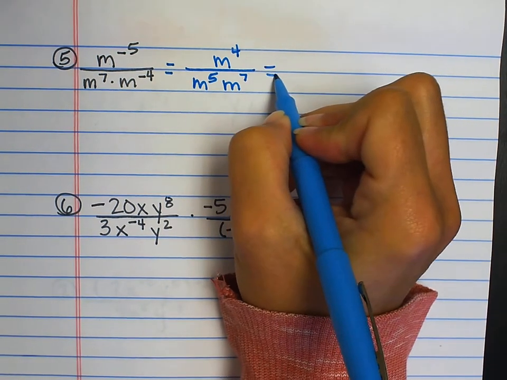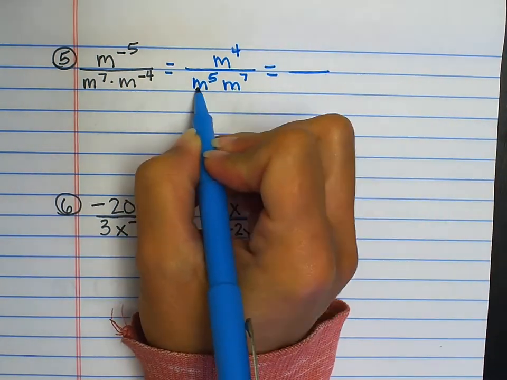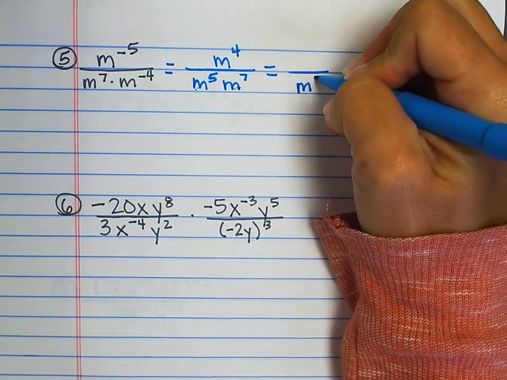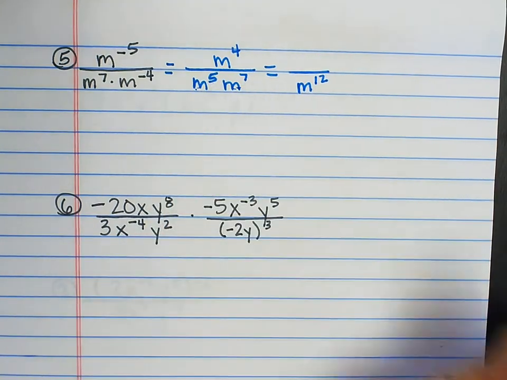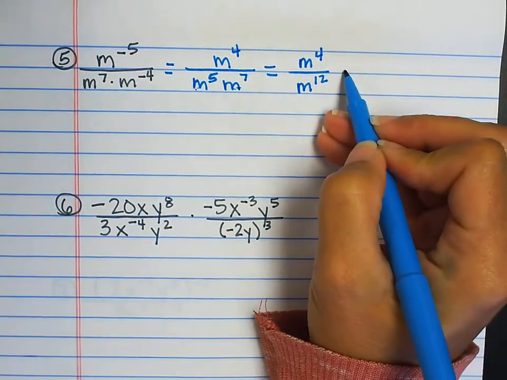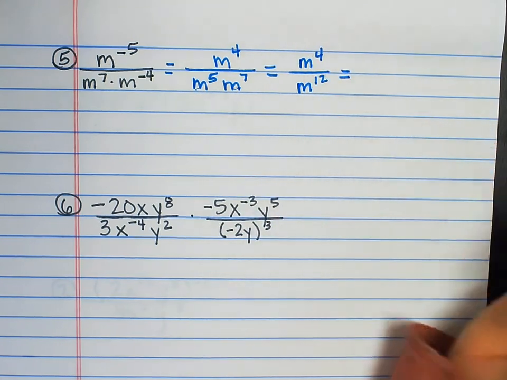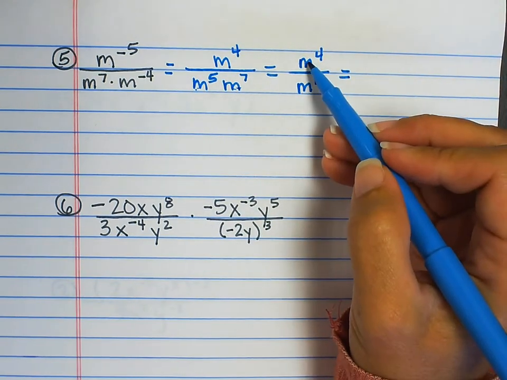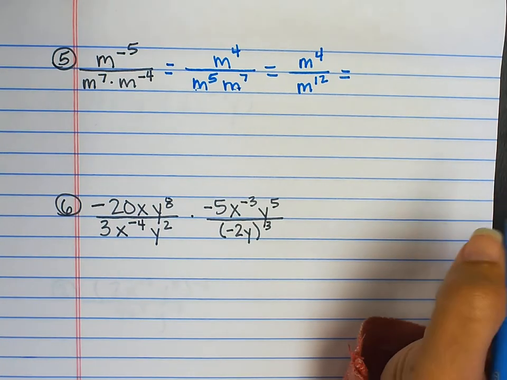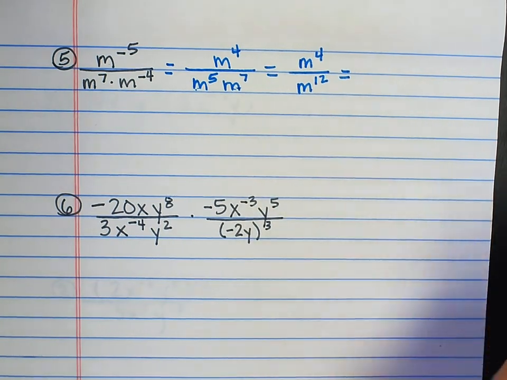Okay? Now I see on the bottom I have multiplying powers with the same base, so I'm going to add their exponents. That's going to give me m to the 12th, 5 plus 7. And now I'm going to need to use the dividing powers with the same base. When I divide powers with the same base, I subtract their exponents.